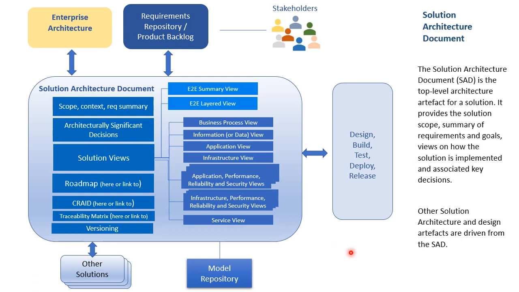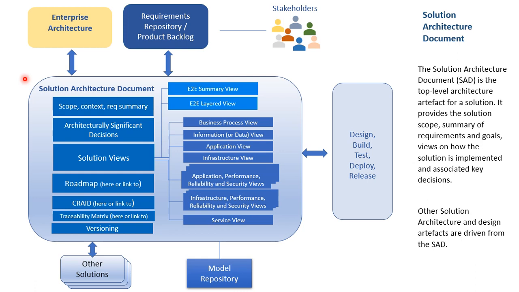So now we get on to the core of the solution architecture in terms of actually a deliverable. And it's what I call the solution architecture document. Many other people use that term, but may use other terms like solution design or solution specification. But solution architecture document is a fairly commonly used term.